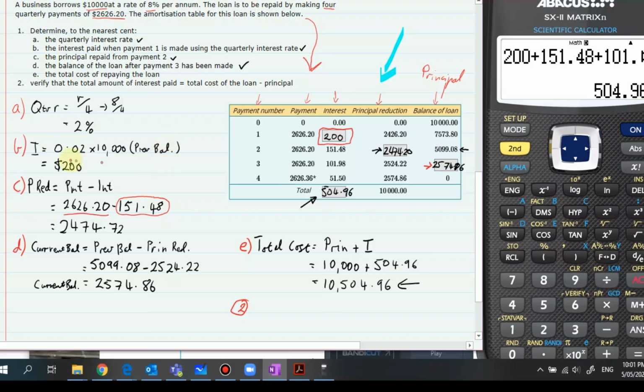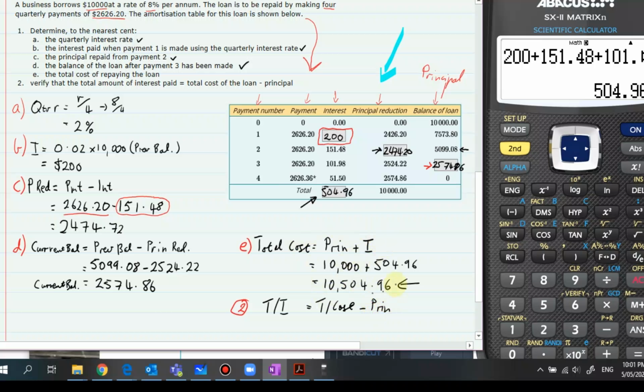So total interest should be equal to the total cost, subtract principal.